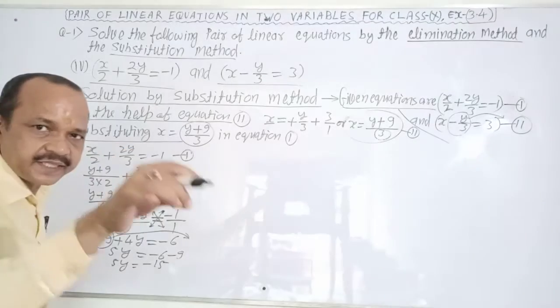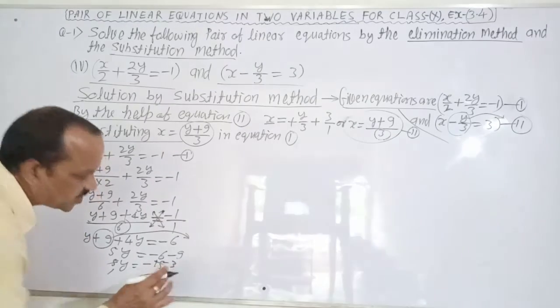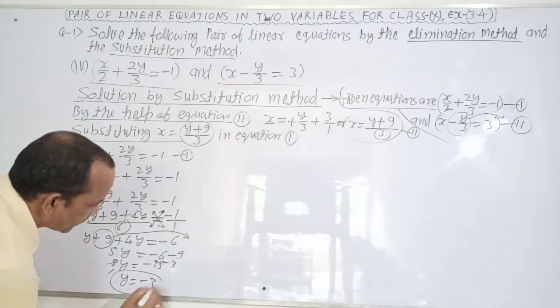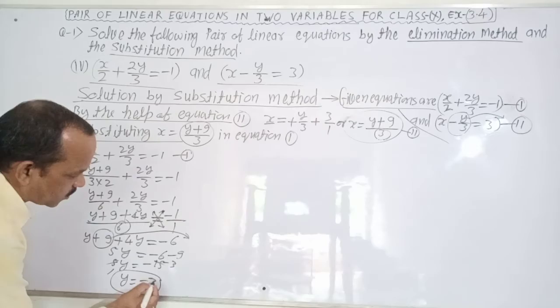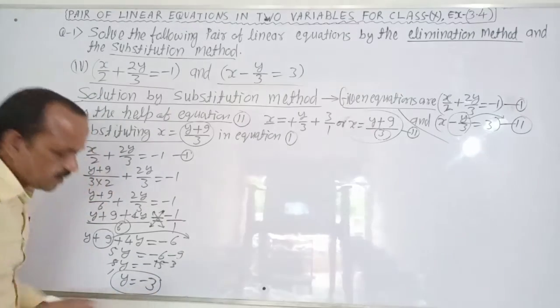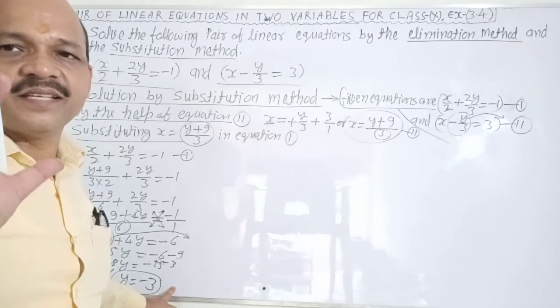You can cut it, 5 ones are 5, 5 threes are 15. It becomes y equal to minus 3. You find y equal to minus 3.